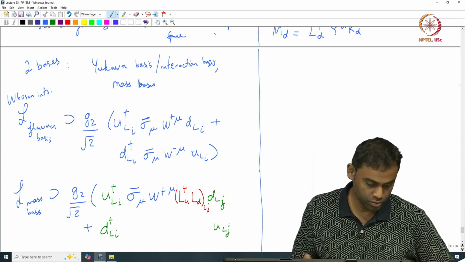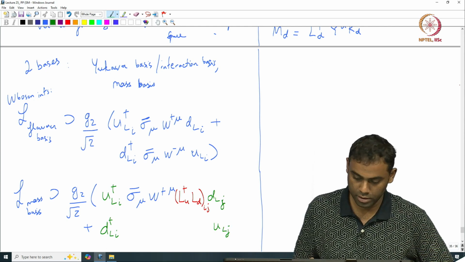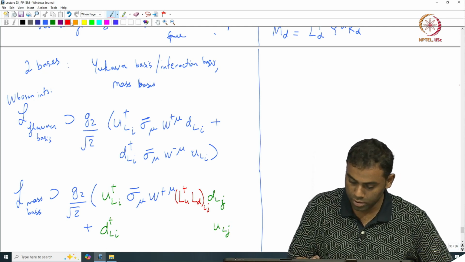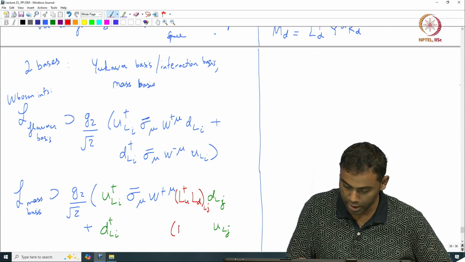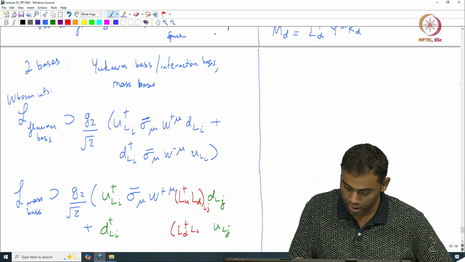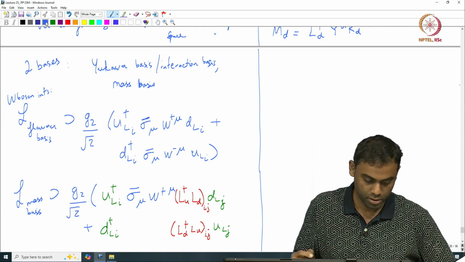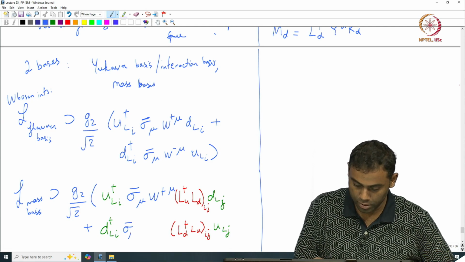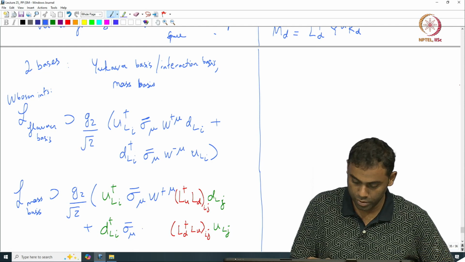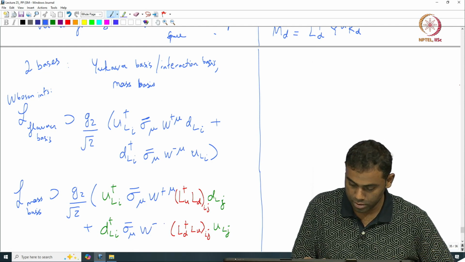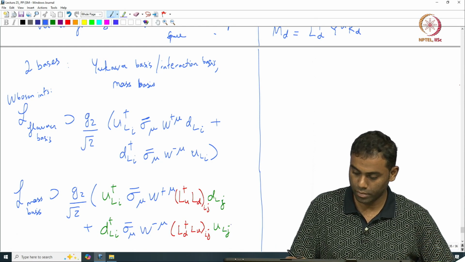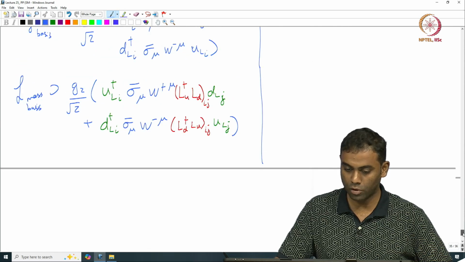So, ULJ now, yes, and what is the matrix here? It is LD dagger LU IJ, and I have sigma bar mu W minus mu, okay. That is what it is in the mass basis, okay.